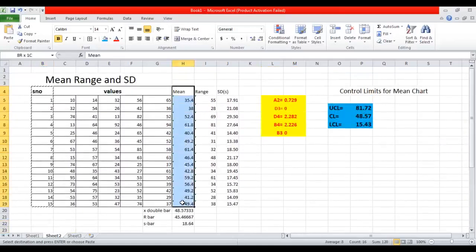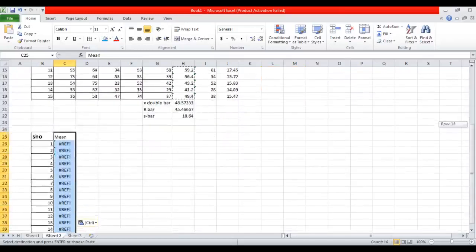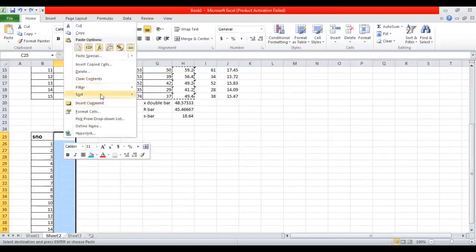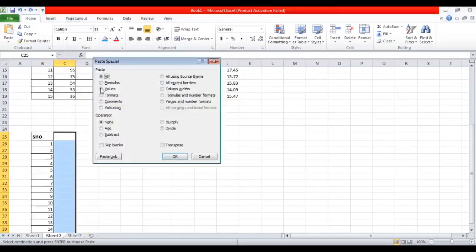So select the mean values. The selected mean values, you paste beside your serial number. You have to paste the values.